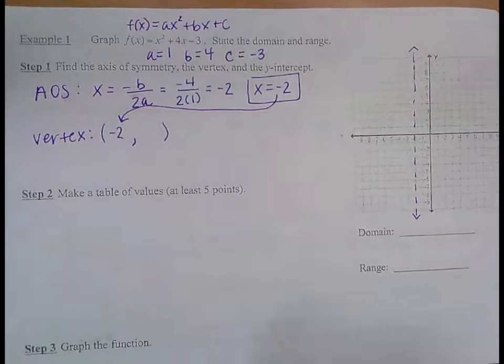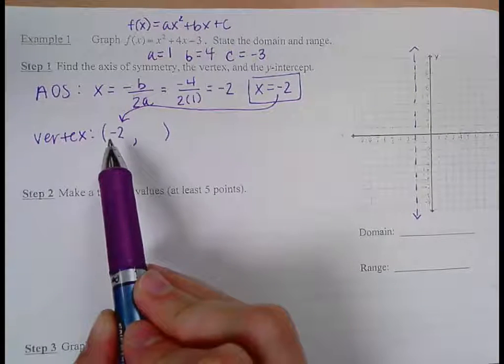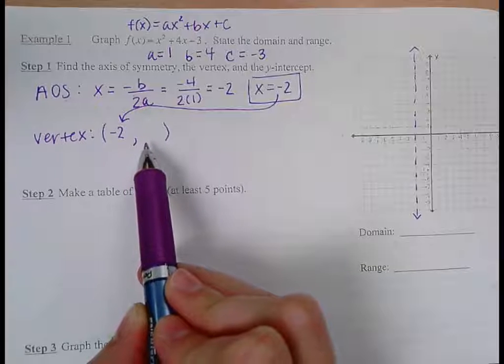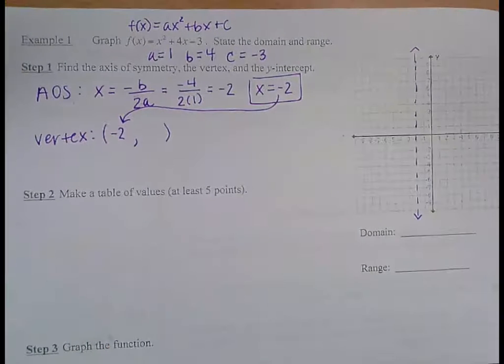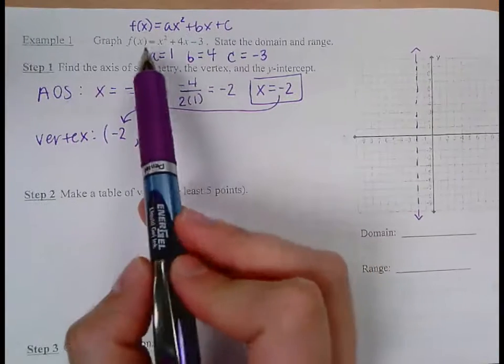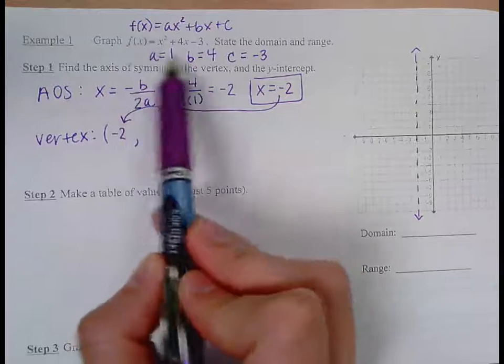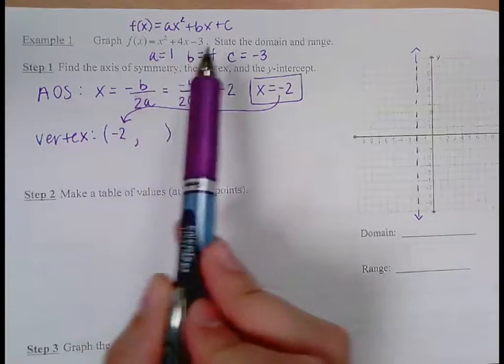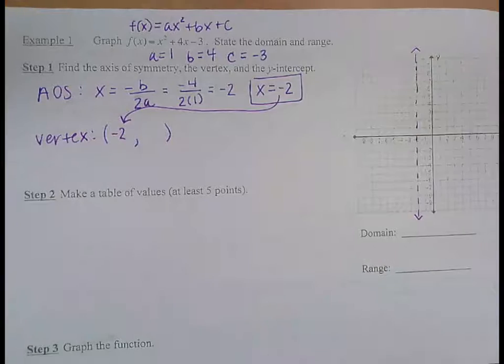And then if I know the x value for the function, how would I find the y value? Because before I can plot my point, I need the y-coordinate. Yep, plug it in. The equation is given right at the beginning. This is the function we're graphing, f of x. So I replace the x's with -2 and evaluate it.